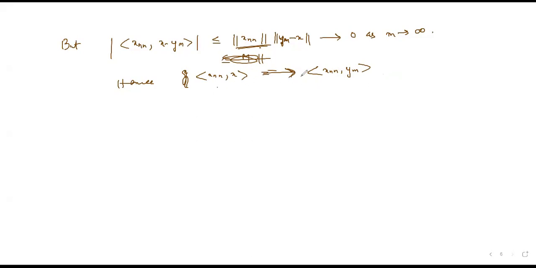So if this converges to this, what does that mean? Just a minute. I have to show that x_n converges to x weakly. So you have, this must go to this as m approaches infinity.